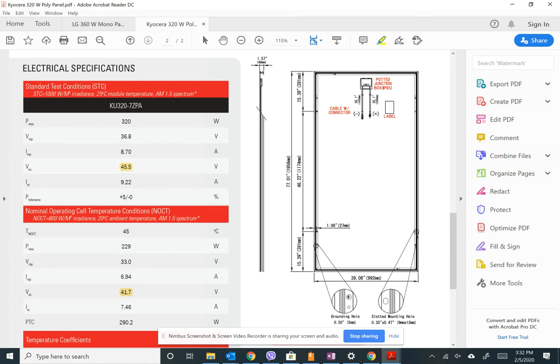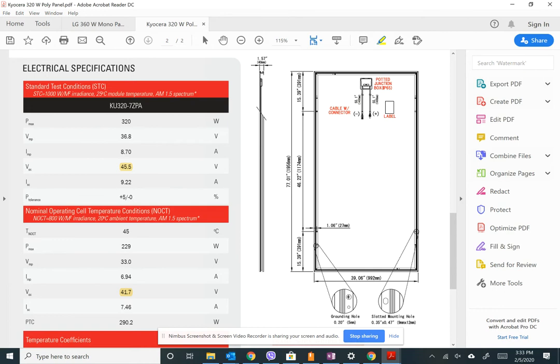So that testing condition yields a smaller output, because it's lower light. But it is a more realistic output if you're going to put your panels on your roof. Now, the STC ones, those are ideal, perfect conditions, and you're likely not going to see that kind of output most of the time.